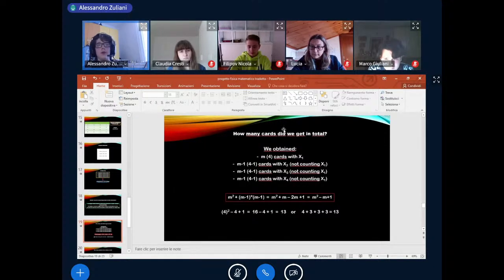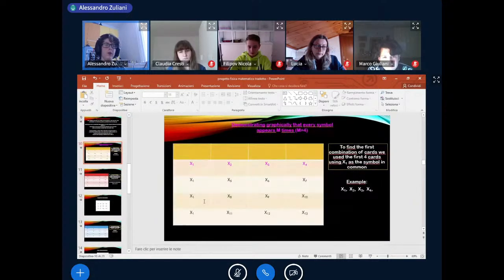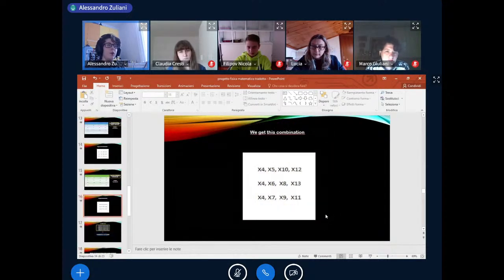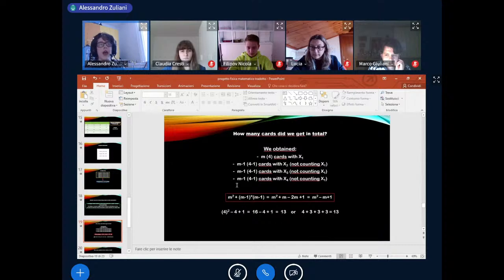How many cards did we get in total? We obtain m cards with x1, so 4 cards which contain the symbol x1, m minus 1 cards with x2, because we don't count the card which contains x1, m minus 1 cards with x3, and m minus 1 cards with x4.